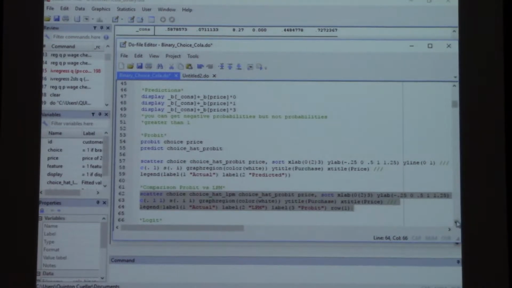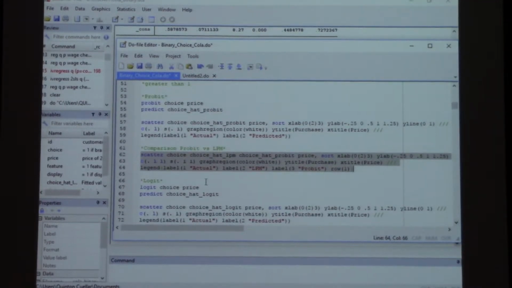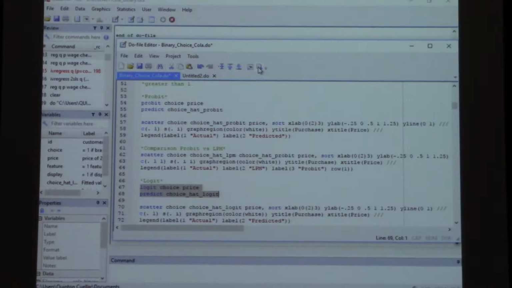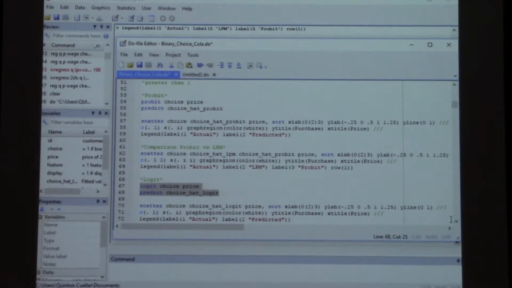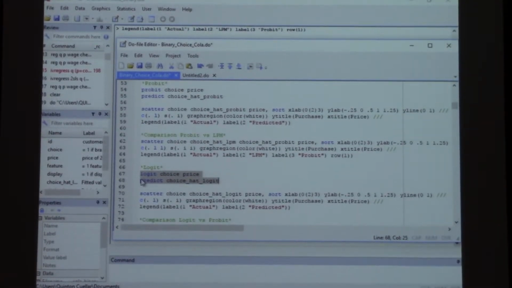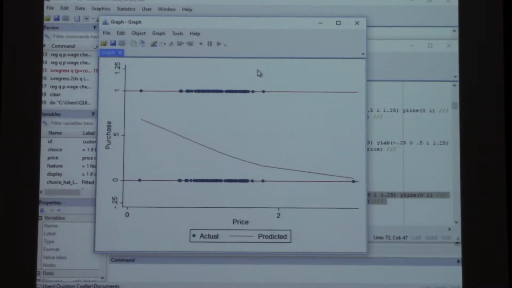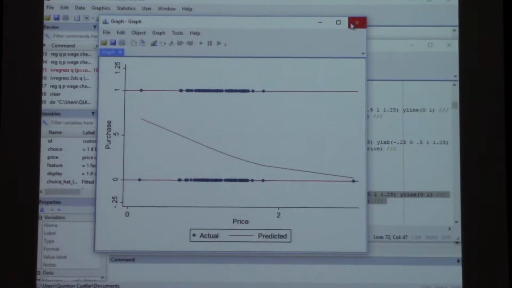Don't do this. All right, logit is the same thing. The command for logit is logit. This is the previous data; it's about as easy to use as possible. Let's look at the logit prediction. How's it look compared to the probit?